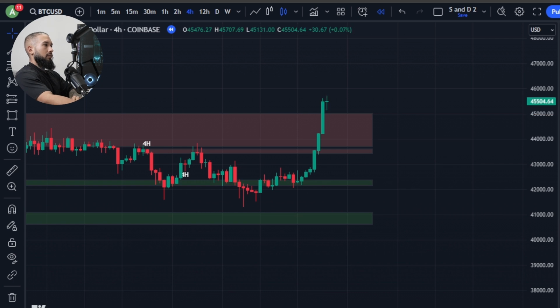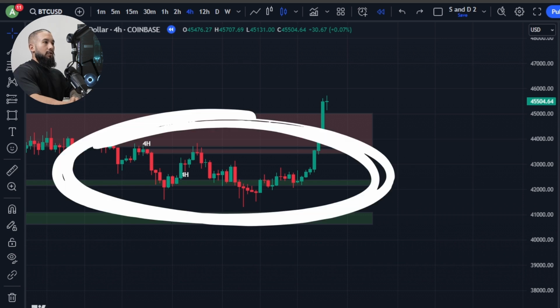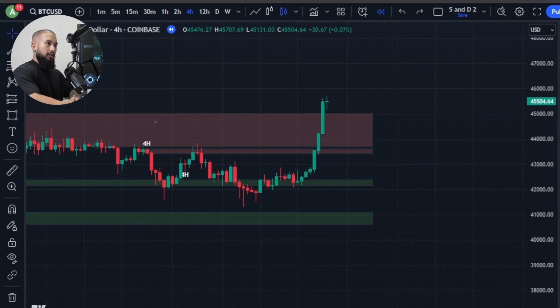All right, so at this point in time, there's a couple things I want to point out. Notice for this range we have here where the sellers came in at. They came in here right at our 4-hour supply level. And notice where the buyers came in at. They came in here right at our 4-hour demand level.